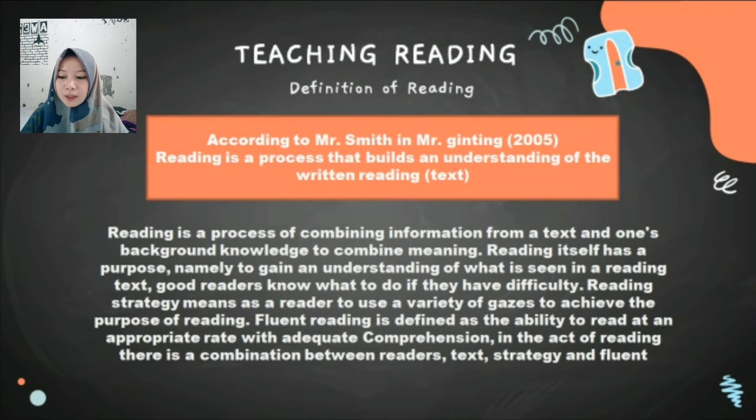Reading strategy means a reader uses a variety of cues to achieve the purpose of reading. Fluent reading is defined as the ability to read at an appropriate rate with adequate comprehension. In the act of reading, there is a combination between readers, text, strategy, and fluency.